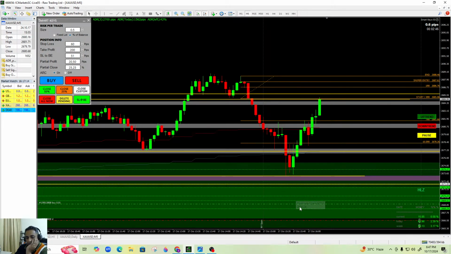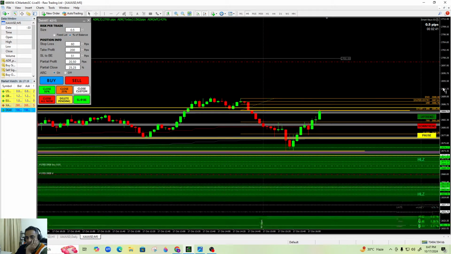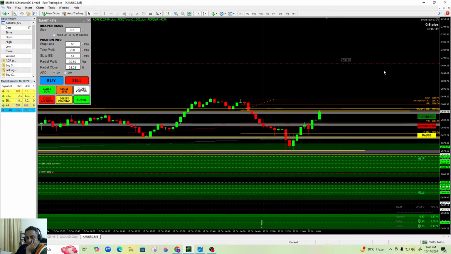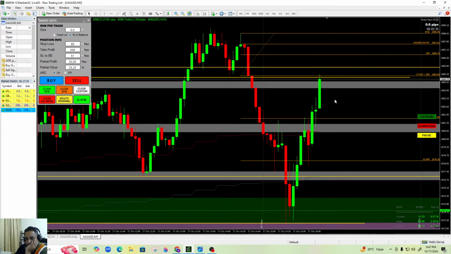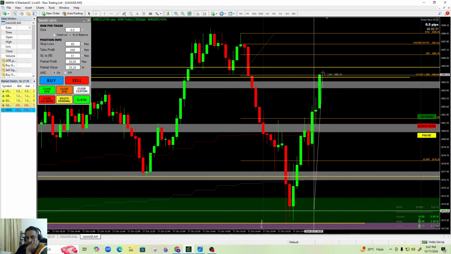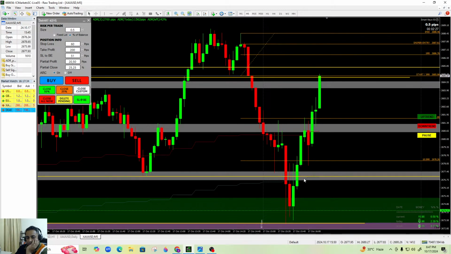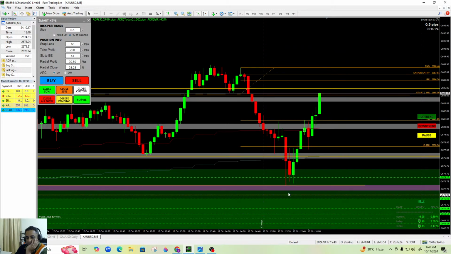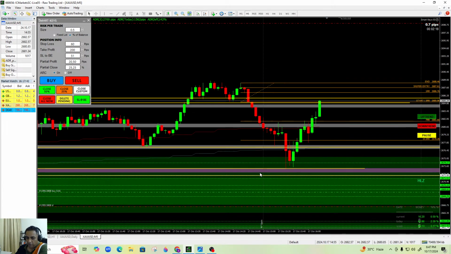My final trade is running at about 160 pips. I'm just going to let that run up to 2700 if price gets there. But this was a perfect trade. We should come up here, 140, 150 pips, easy trade. I just didn't like how wide the zone was. If the zone was 40 pips or even 45 pips, I would have taken it.